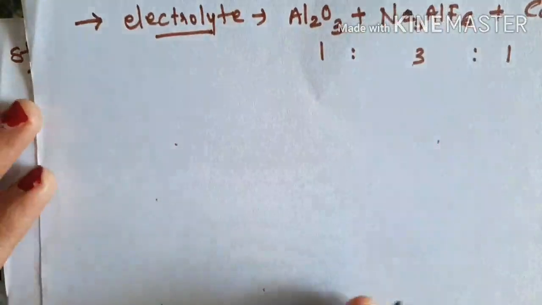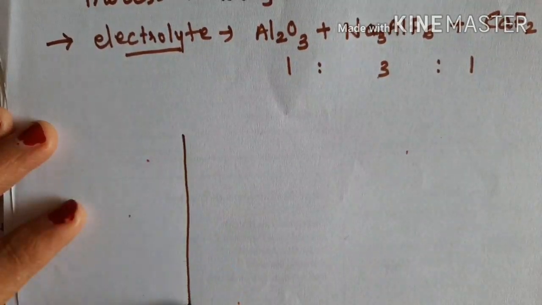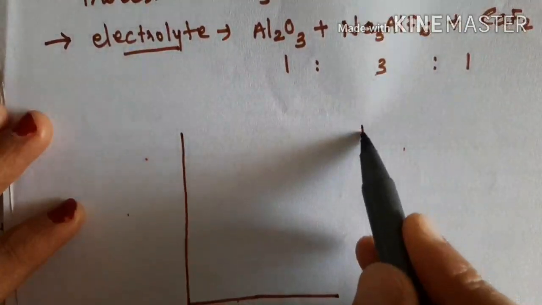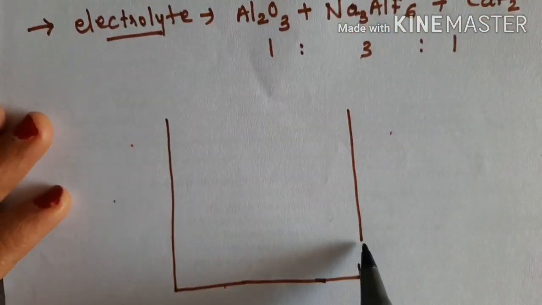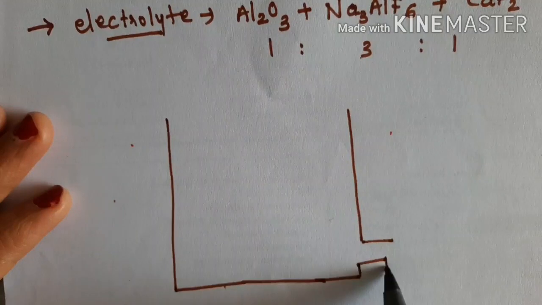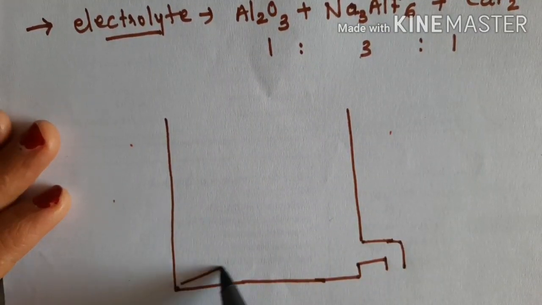Now let's learn the structure, how it is arranged. First we take a big iron tank. In this iron tank there is one outlet, and the tank is slightly slanting like this.